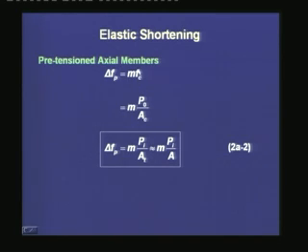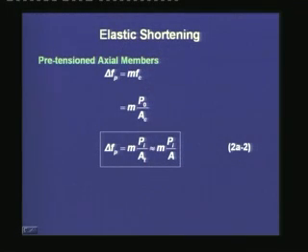The stress in the concrete, remember this expression is at the static equilibrium, is given as P0 divided by the area of concrete, which we are denoting as AC. That means delta Fp is equal to the modular ratio times P0 by AC.